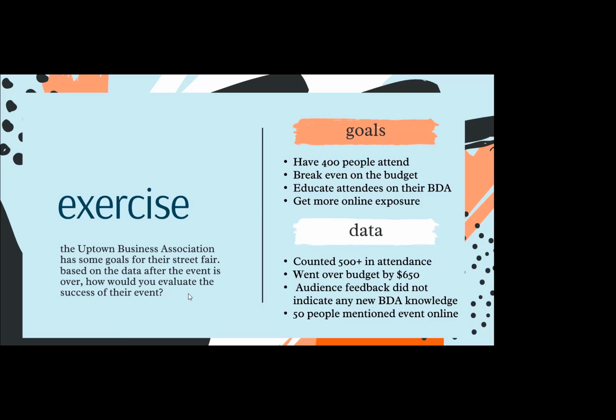I do think that going over budget and the audience having mixed or no new information about the BDA means that there were some marks that were missed, and there might be some redirections that need to happen. But for the most part, all things considered, it seems like this event would be considered a success, with a few areas of improvement.